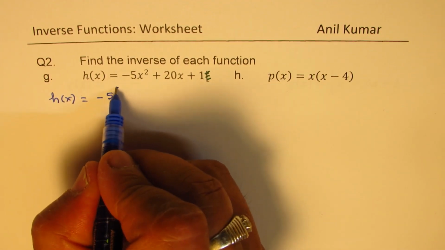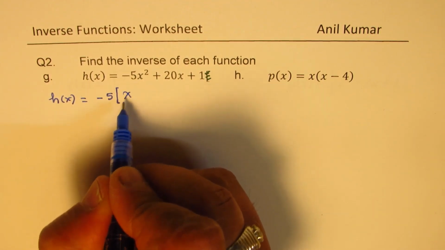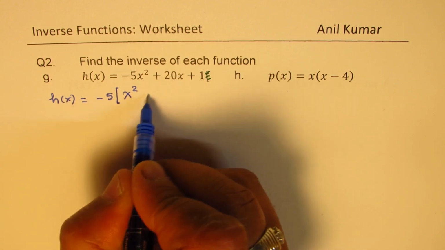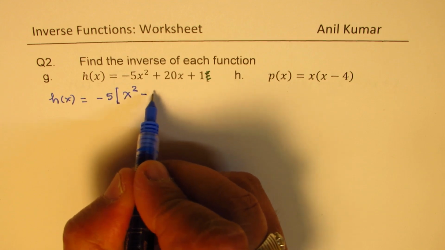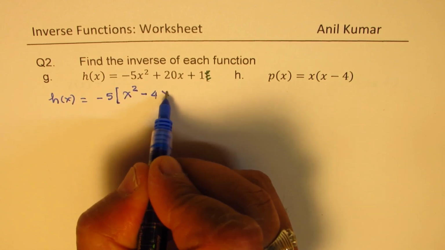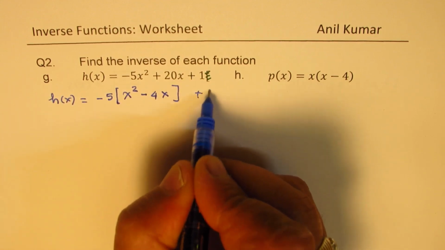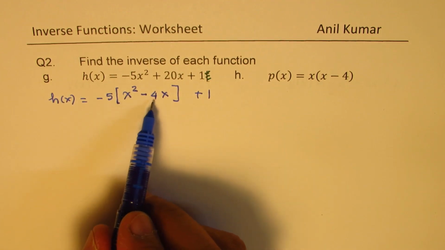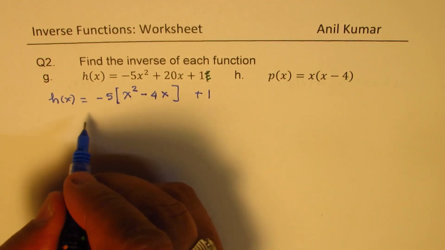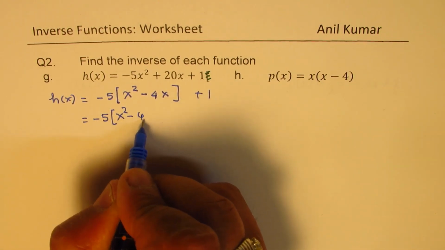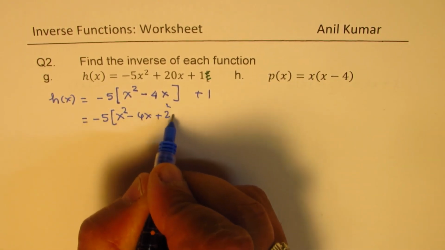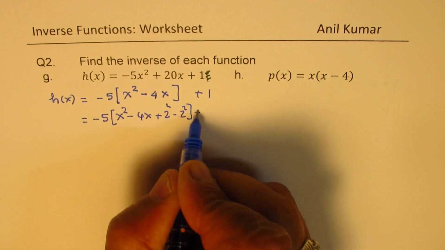Completing the square is the method which I'm going to use. Taking minus 5 common, we get minus 5 outside, x squared, dividing this, we get minus 4x, right? And we'll keep this one outside. Now, half of 4 is 2. So we could write this as minus 5 (x squared minus 4x plus 2 squared minus 2 squared) plus 1.